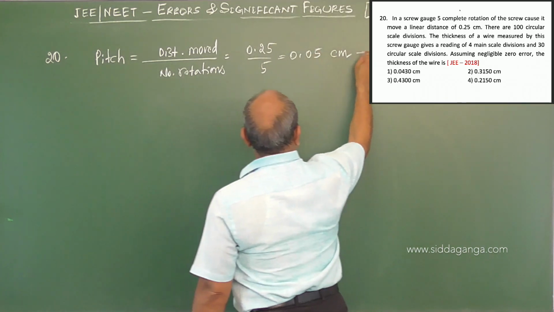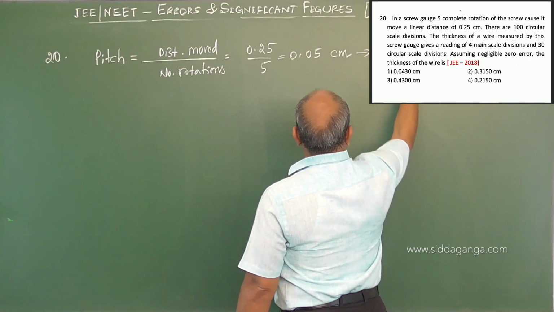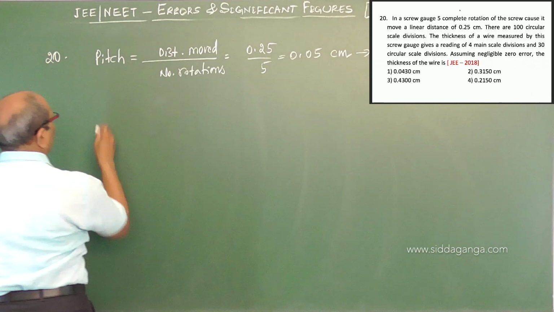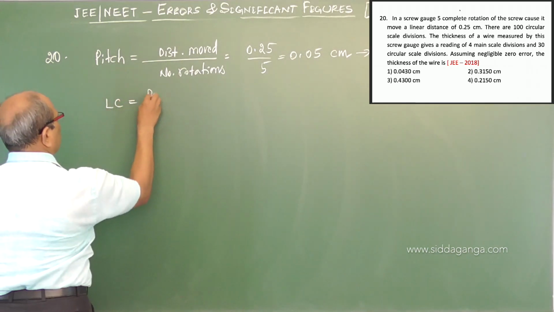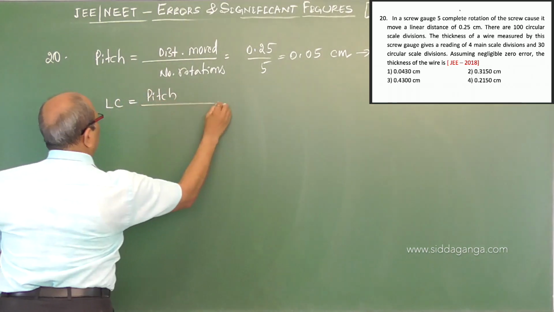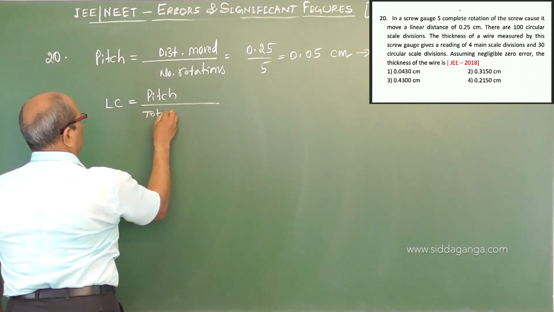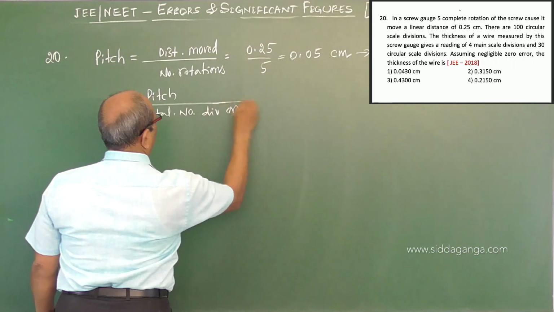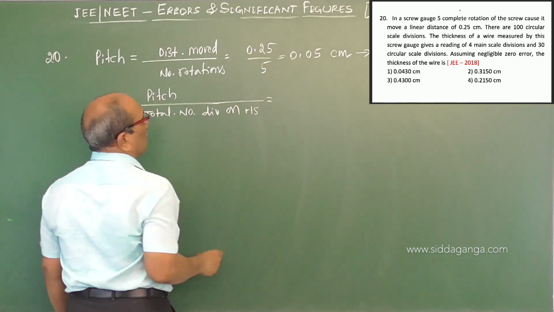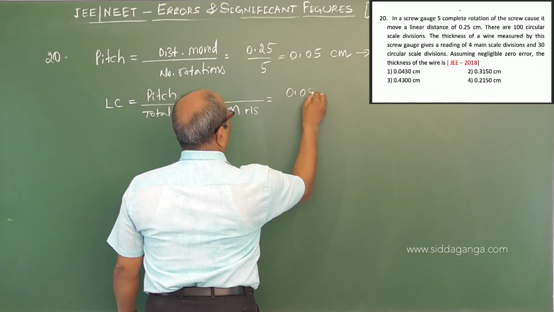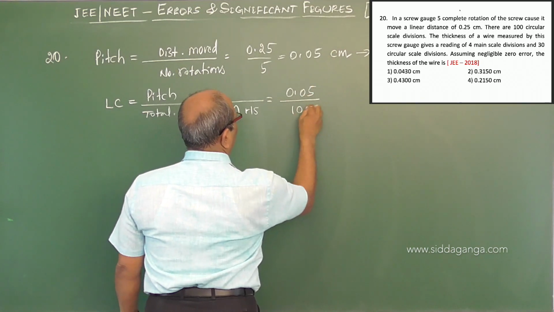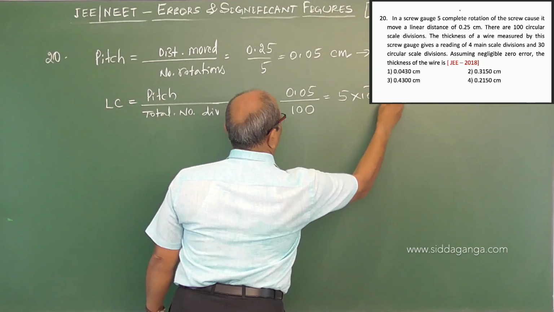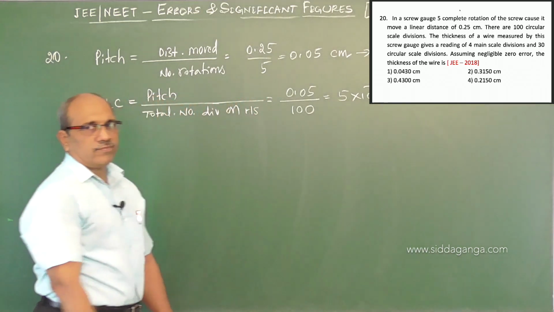Least count means pitch divided by the total number of divisions on the head scale, that is 0.05 by 100. I can write it as 5 into 10 power minus 4 centimeter.